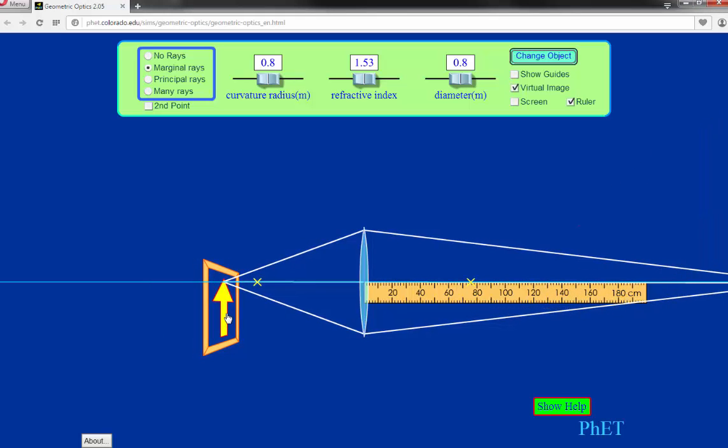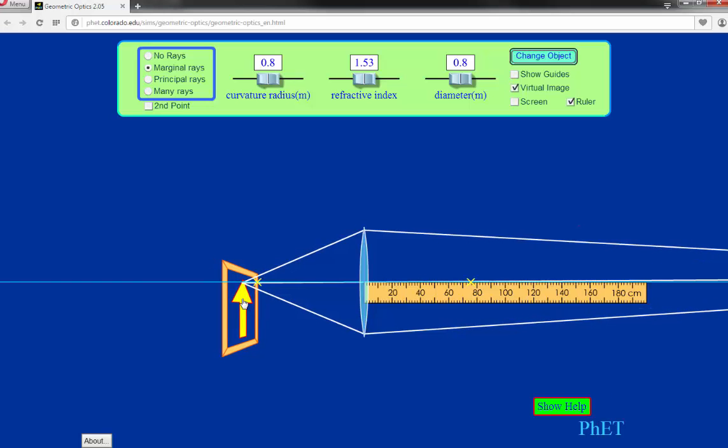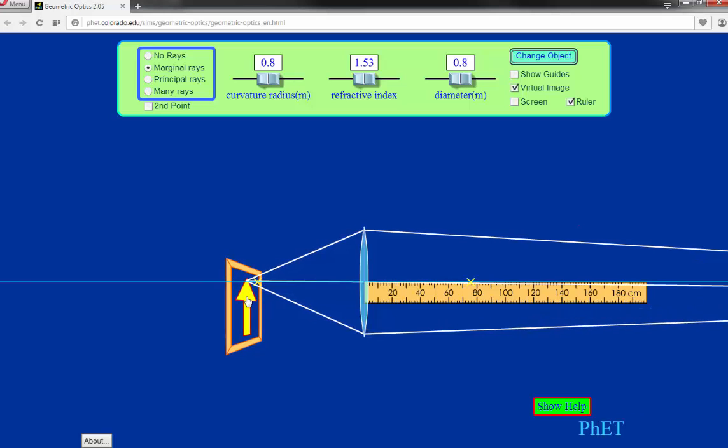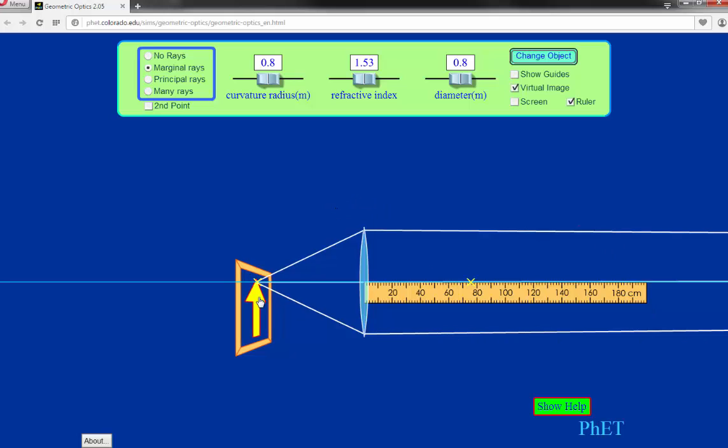I'm going to move this in closer, closer, closer. Notice what the rays are doing over here: the image is getting farther away, but these rays are getting more nearly parallel to each other. And when I get right up to the focal point, I have virtually collimated the rays going out.